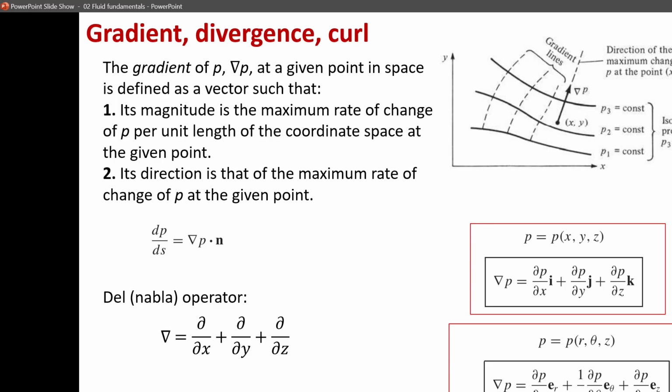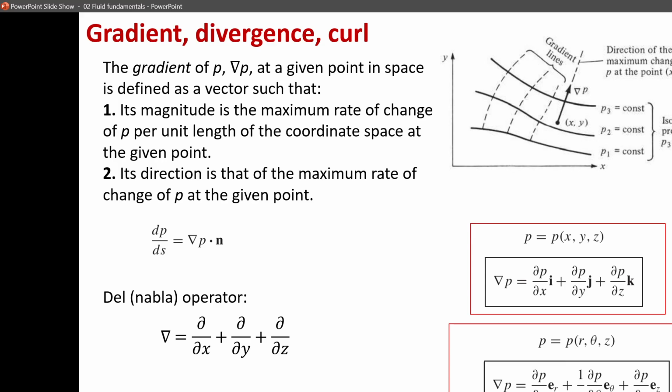The del operator itself is a vector, just to make sure that we are clear on this. Del operator is the gradient of your field, whatever that is, in the x direction, and this is in Cartesian coordinate systems, the gradient of your field in the y direction, and the derivative of your field in the z direction.